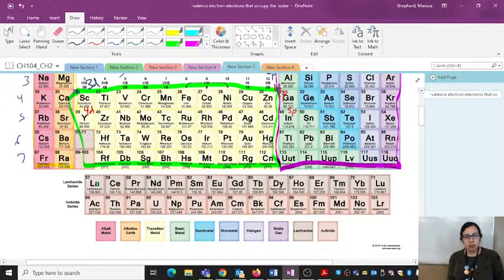Some people would start this as 4f1, but I would leave lanthanum in our 5d over here, same with actinium, and then have cerium be our 4f1.